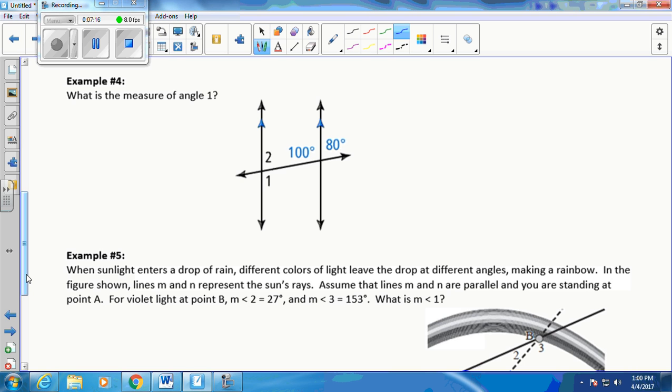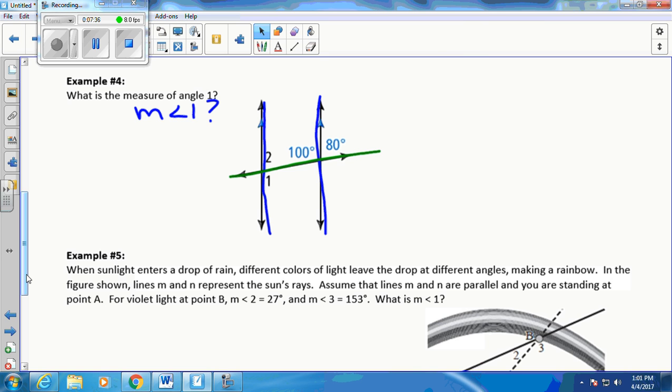So this one is showing us, they want to know what is the measure of angle 1, which again, they could have written like this if they wanted to. Our parallel lines are these ones right here. I'm not doing a great job of tracing them. That's our transversal. And so if I look, angle 1 is on the inside of the blue line there, and this one that is marked 100 is also on the inside.